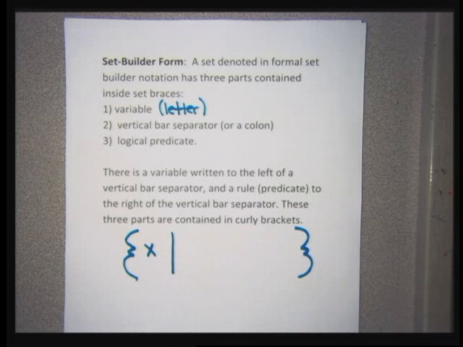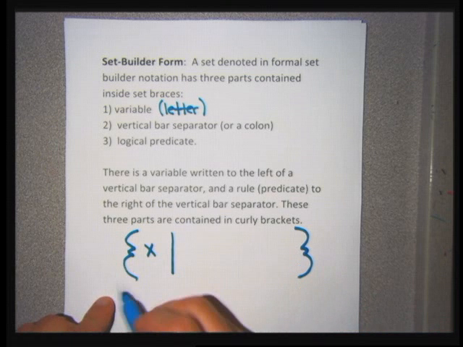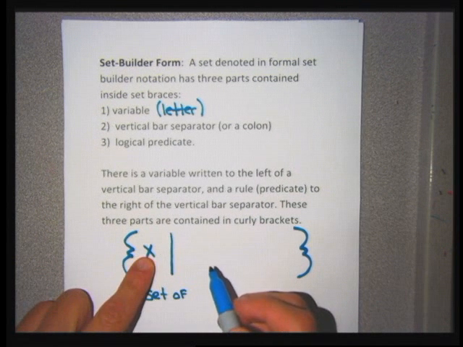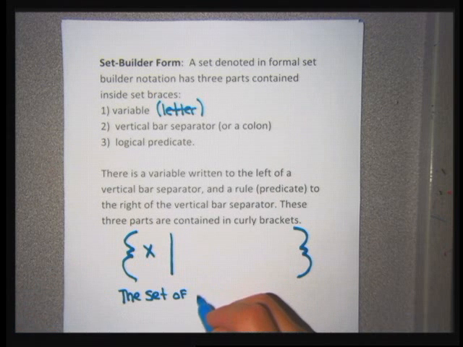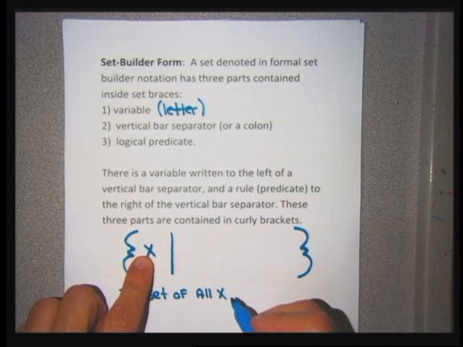If I was reading what I have so far, the curly brackets I read as the words "the set of." Then x, I'll say "the set of all x," using the word all in front of the x.